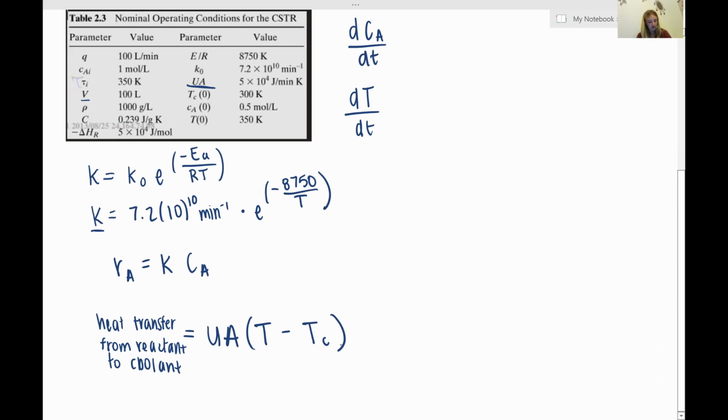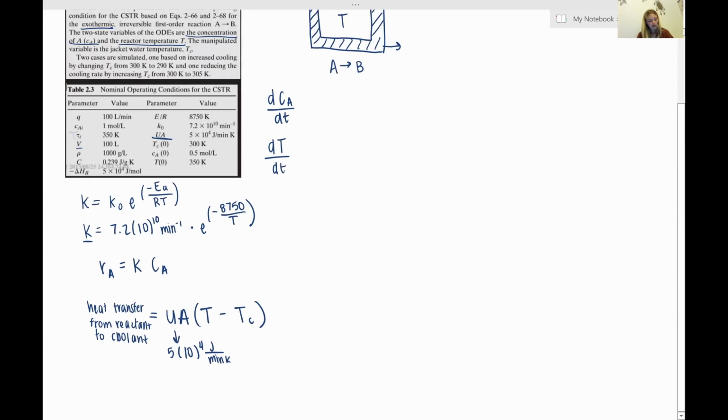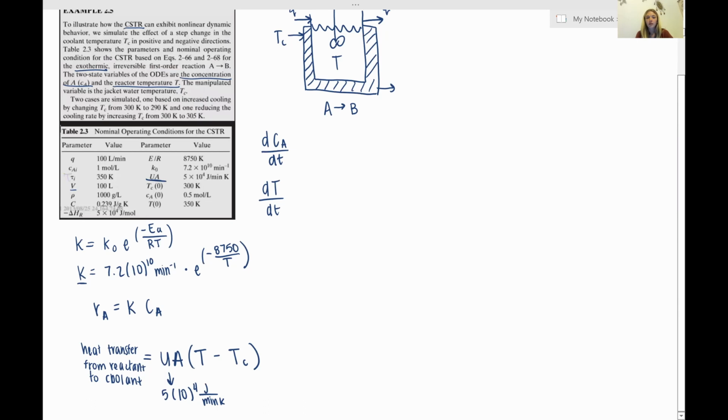And our UA is going to be 5 times 10 to the 4th joules per minute Kelvin. All right, so now we can start coming up with our differential equations, and get rid of these right here so we have some room.